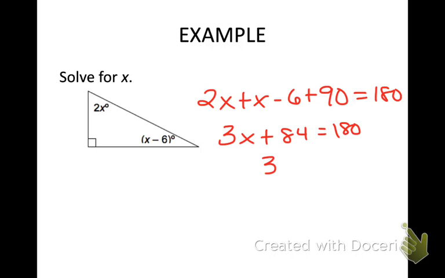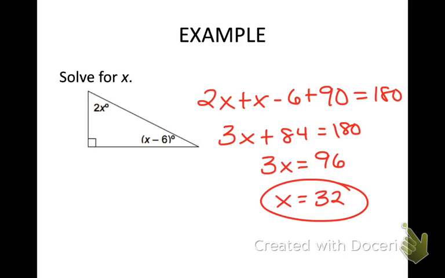So 3x equals 96. Divide by 3. So 32. 3 goes into 9, 3. 3 goes into 6, 2. Questions yet?